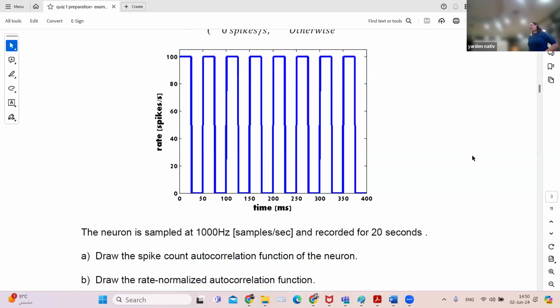From 25 until 50, you already know the balance. What I want to know is the number of spikes in this 25. So there's a rate of 100.